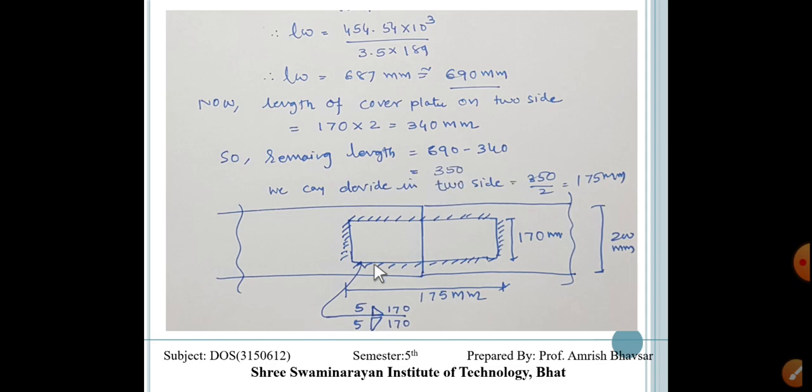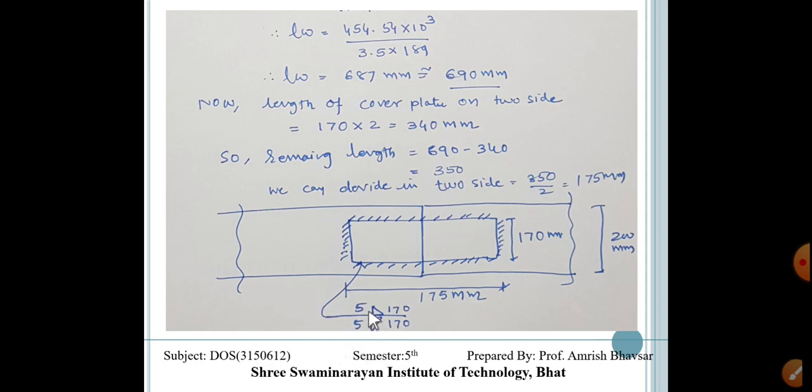So from this we have to divide the remaining length in two parts. Divide this value in two, and we get 175 mm. So here the length is 175 mm. Now, whenever we do welding, we must indicate it by the symbolic pattern of welding.